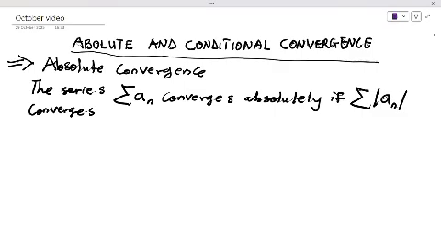All right, so for you to have a very clear understanding of what I'm saying, let's take a look at an example.